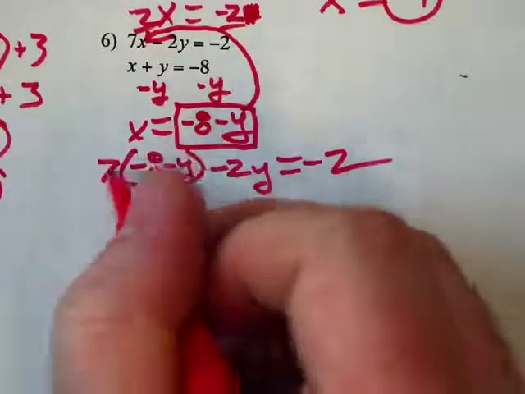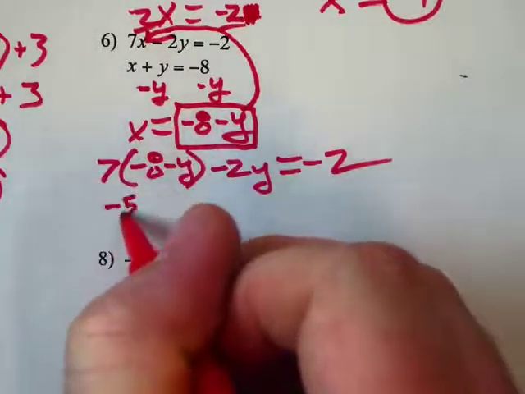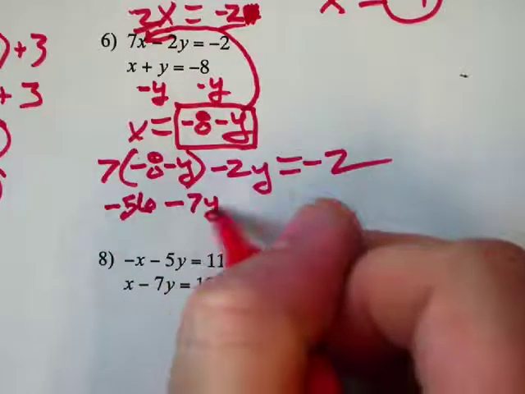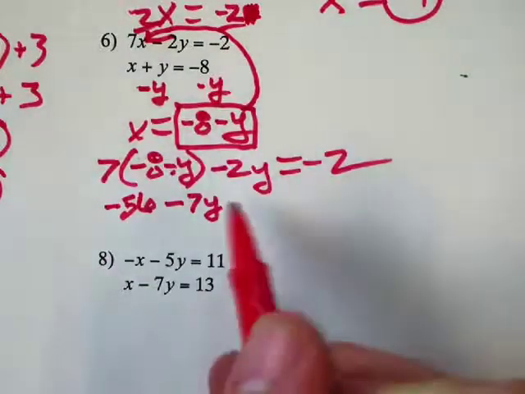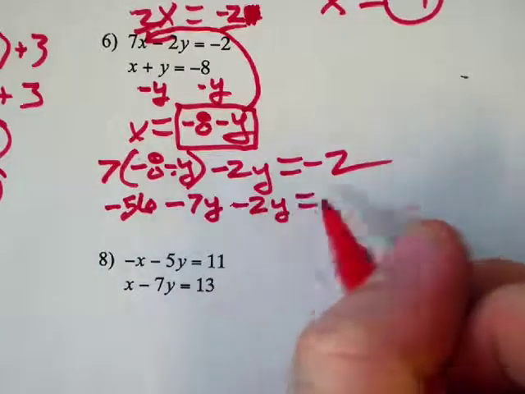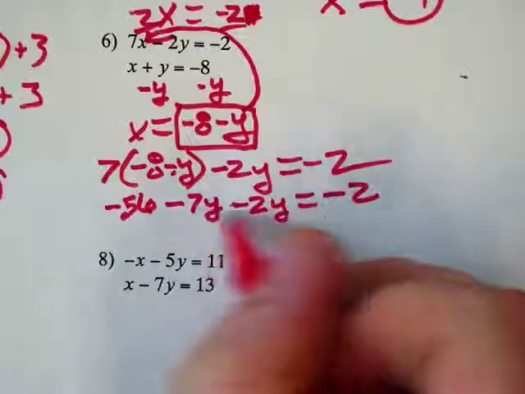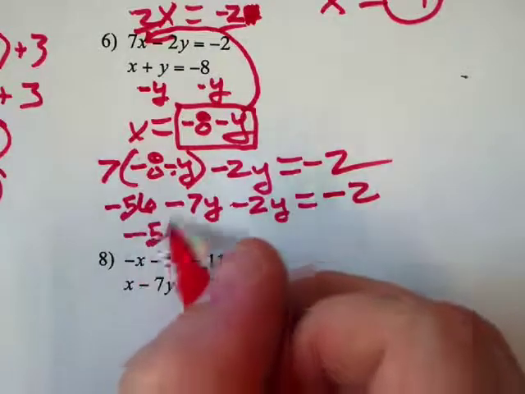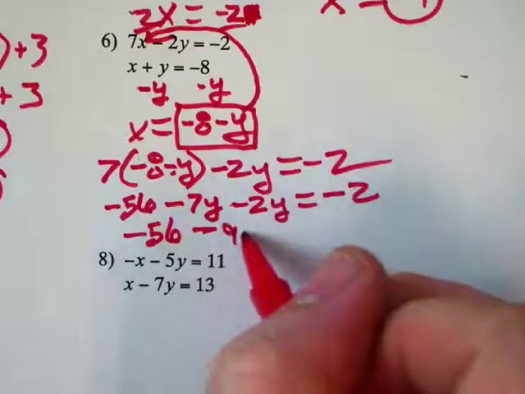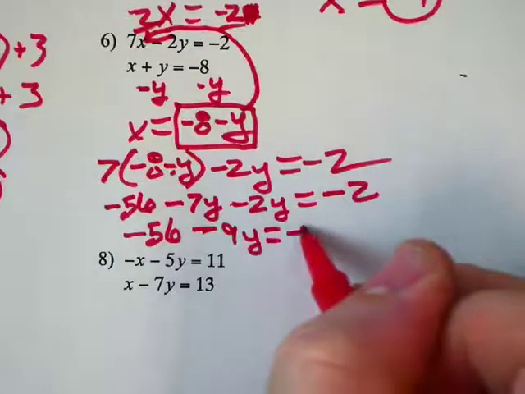So 7 times negative 8 is negative 56, minus 7y, 7 times y, and then minus 2y equals negative 2. Combine the two, we have negative 56 minus 9y equals negative 2.